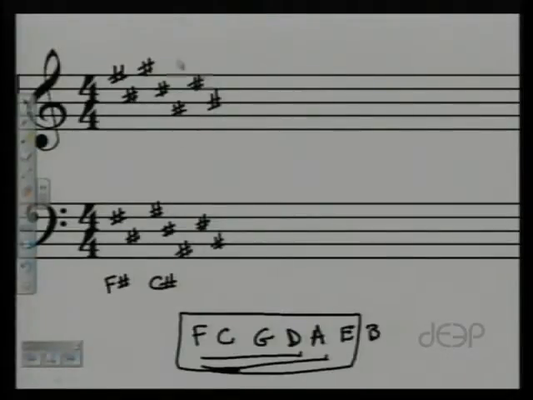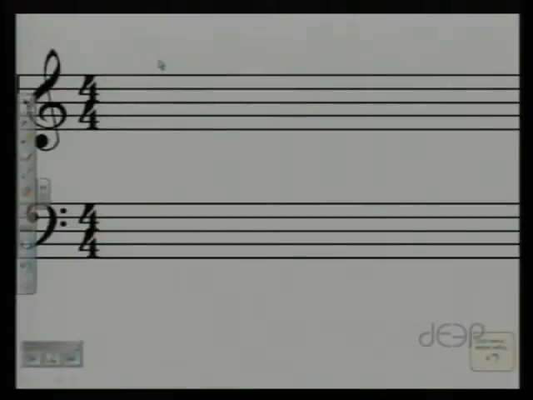Now, let me get rid of those sharps and let's go to flats. I should say that a lot of students like to remember that order of sharps by using a mnemonic device. Let's just put a little reminder here. F, C, G, D, A, E, B is the order.